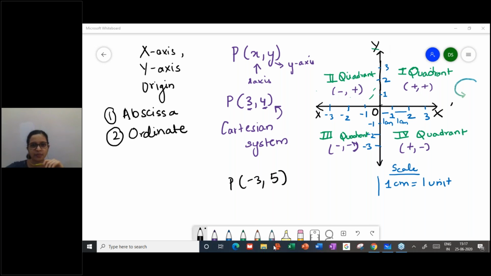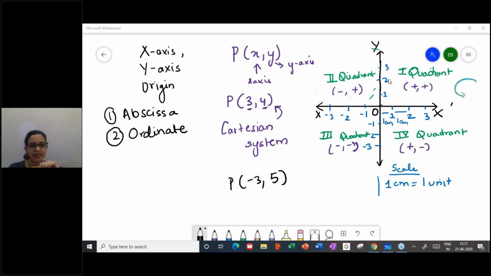That's why this system of writing points and making quadrants and having axes comes under the Cartesian system. You don't need to remember much about this. It will come in later years, in 11 and 12, when you will have another plane, the Z plane. That time it comes in handy.